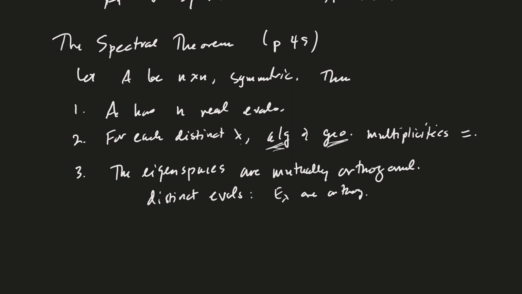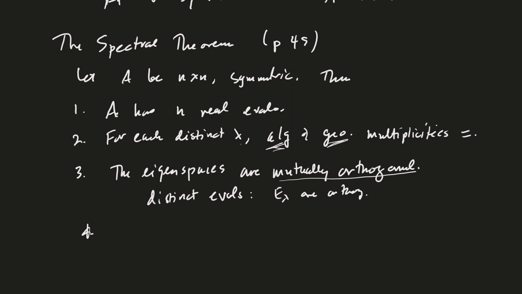So in that sense they may not be orthogonal. However, you can choose an orthogonal set to represent your basis for that space. So that's what we mean by saying the eigenspaces are all mutually orthogonal, even if you have the same eigenvalue. We're going to see that later. So if you're not sure what that means, don't worry about it right now.